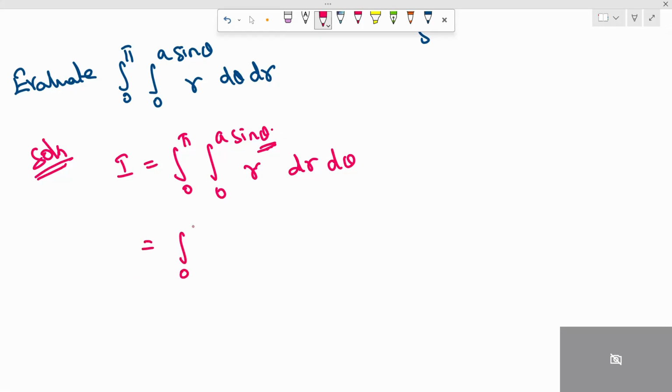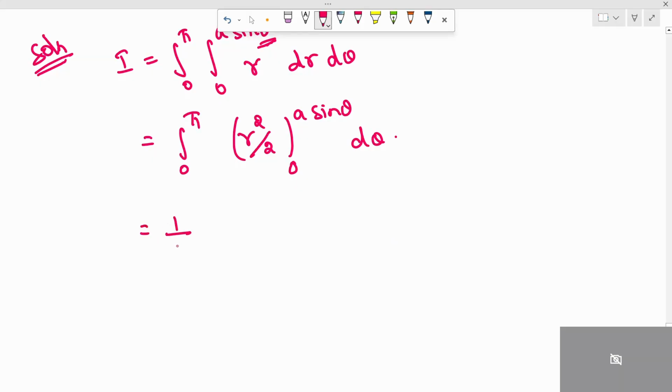Integral 0 to pi, first integrate with respect to r. r square by 2 with the limit 0 to a sin theta, d theta.